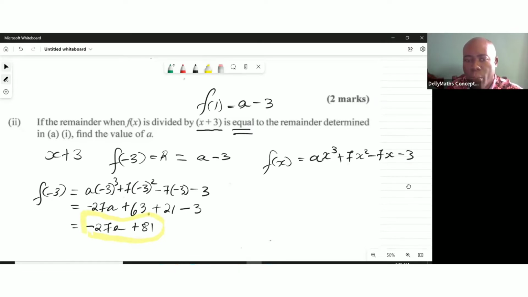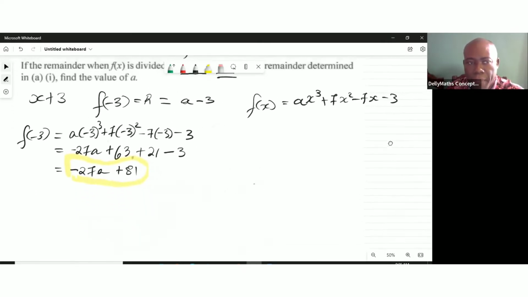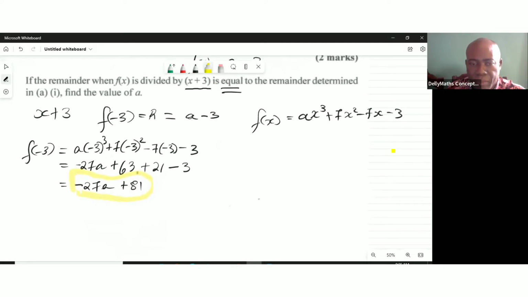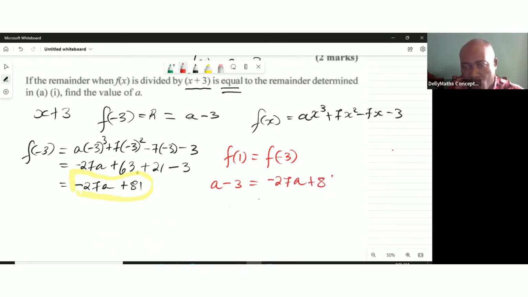So now, if we're going to find the value of a in this question, what we were asked to do was to equate these two ideas. In doing so, this gave us a minus 3, and then f of negative 3 is giving us negative 27a plus 81.